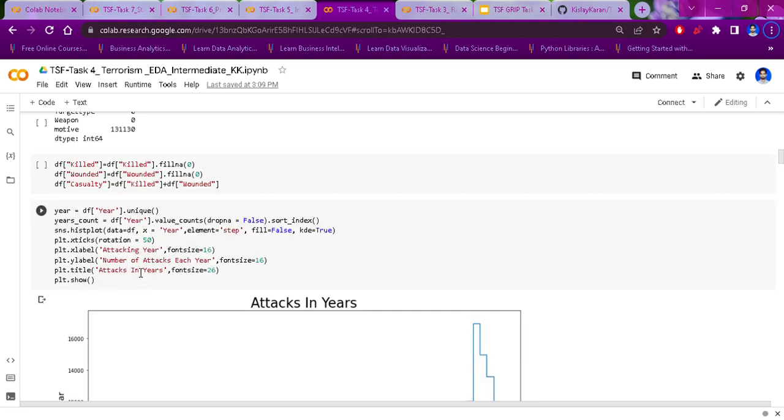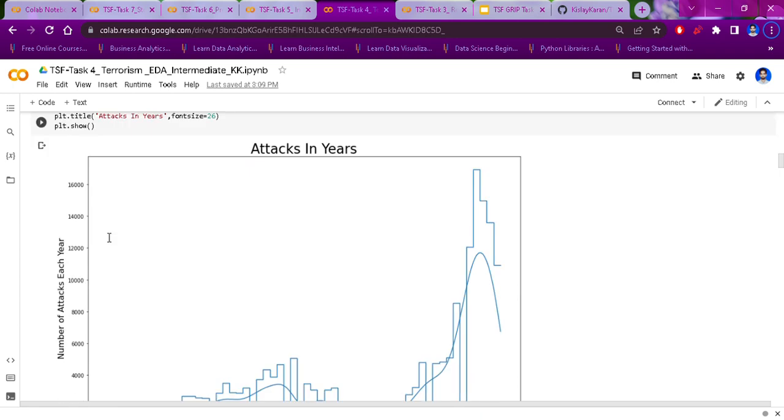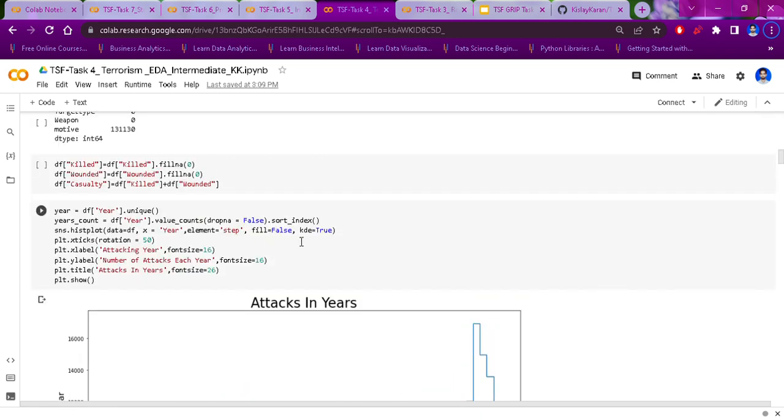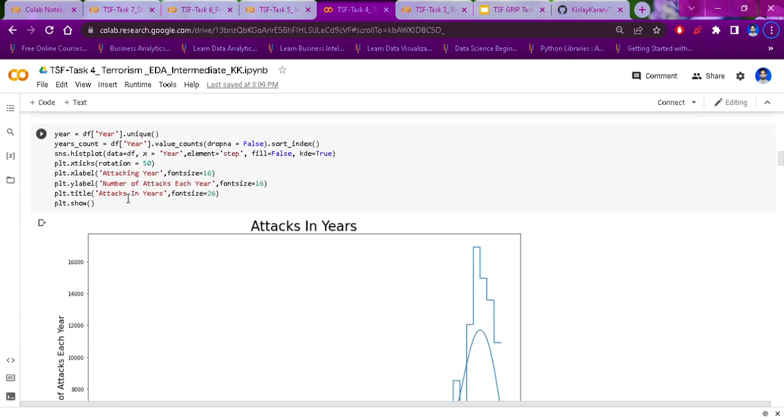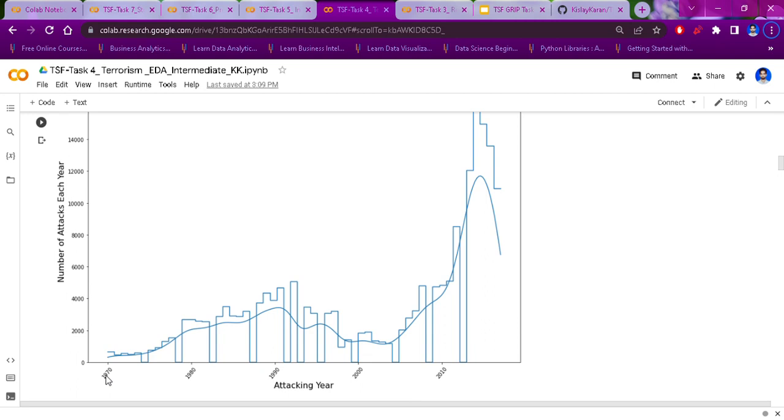Next we perform a histogram plot along with a line plot for the number of attacks taking place each year, and we have the histogram from the year 1970 till 2020.